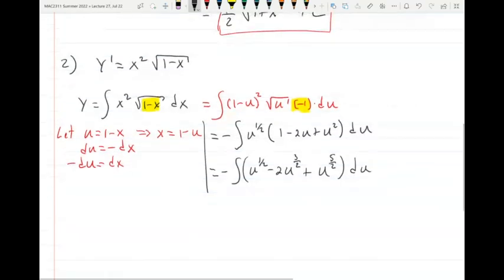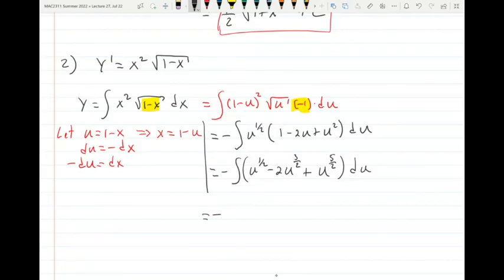Okay, now what is this? This is going to be equal to negative. Now let me put a big parenthesis or bracket here, because what I'm about to write is going to affect the sign of everything that's inside, okay? Because of the minus. Now we have three little integrals here, and we use power rule on each of them.